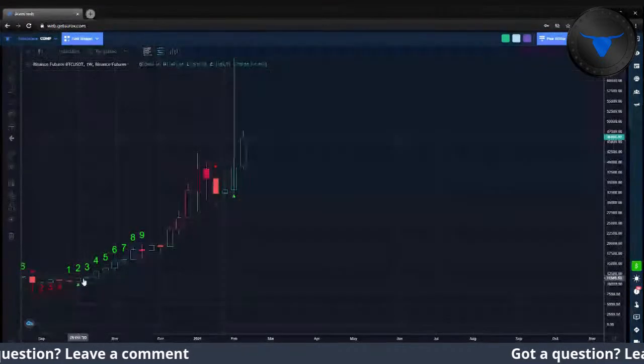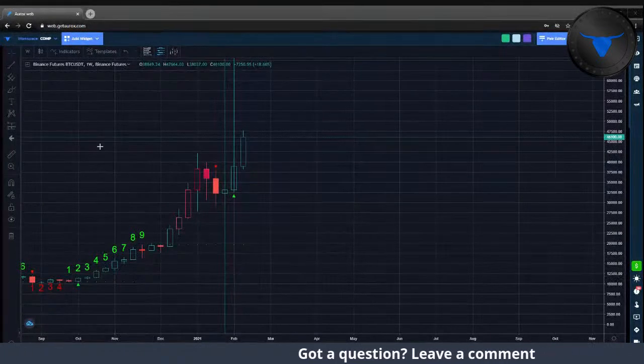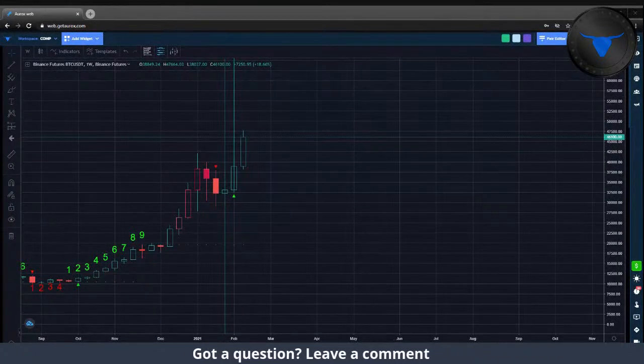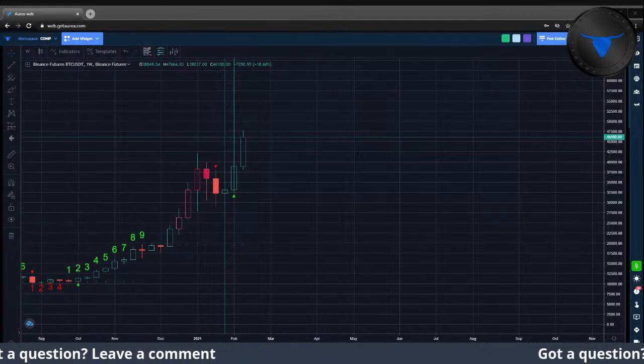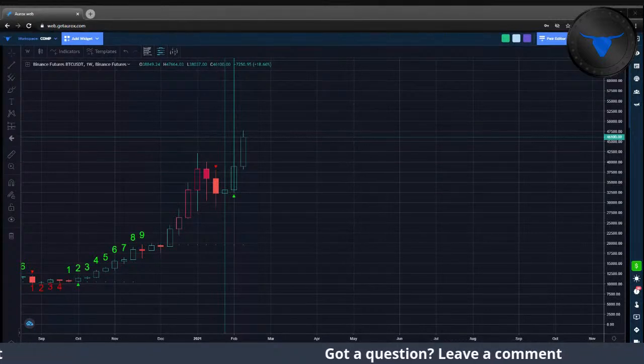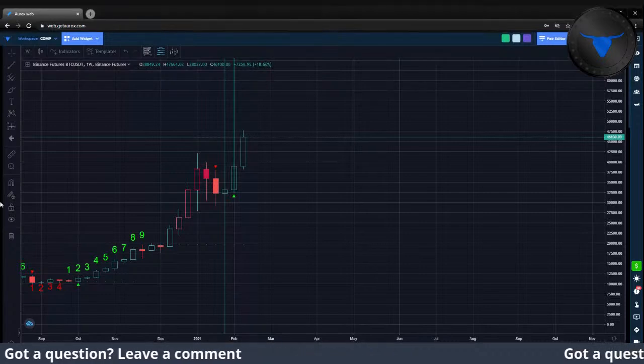Yeah. So that goes back to the different colors that I mentioned. TD sequential a lot of the time ends on 9. There are other TD sequentials that will number past 9 because there's a chance of the trend not being exhausted at 9. And that's what those different colors symbolize.